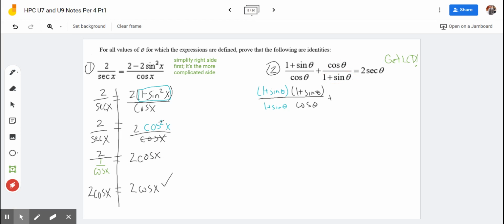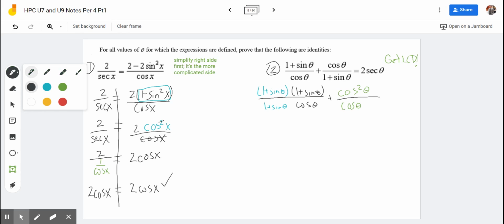So this becomes cos squared theta, because cosine times cos becomes cos squared theta, over, and then we would be multiplying cos theta here to the bottom, cos theta times 1 plus sine theta, and then equals 2 secant theta.